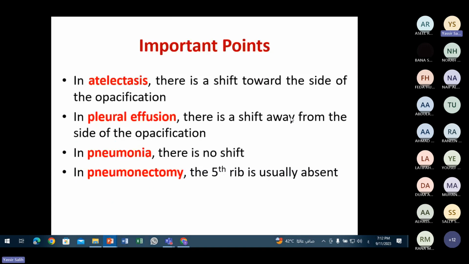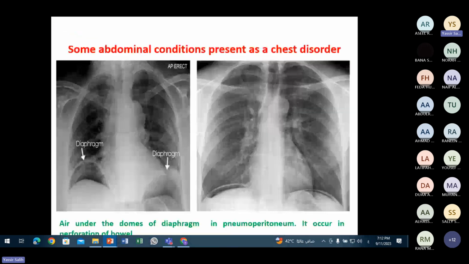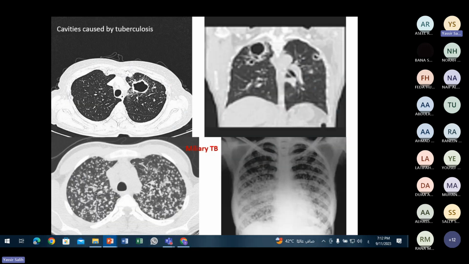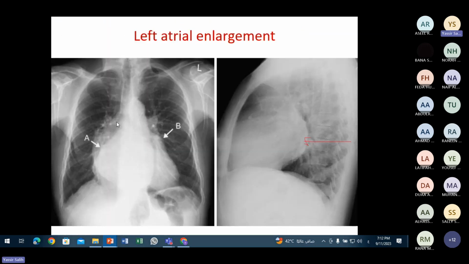But if we go to the left atrial enlargement, first, what we talked about is the normal right cardiac shadow, the right cardiac border, formed by the right atrium. But there is another border formed by the enlarged left atrium.